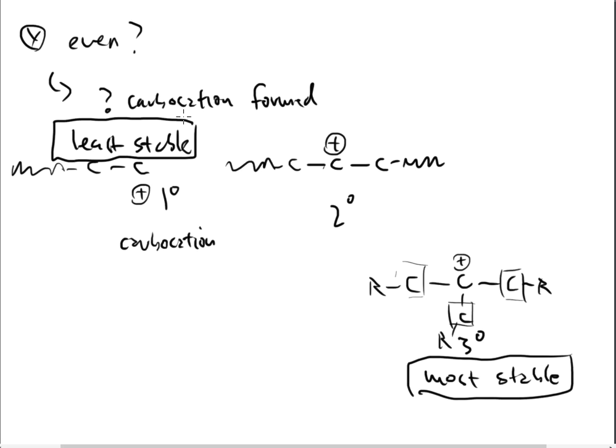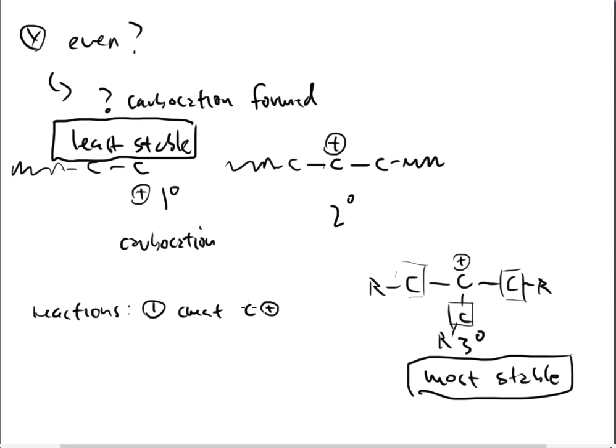So out of these three choices, primary, secondary, and tertiary, these reactions that we're going to start discussing, they're going to, number one, create a carbocation. We know that. We've just talked about it. This is typically our very first step of the reactions.